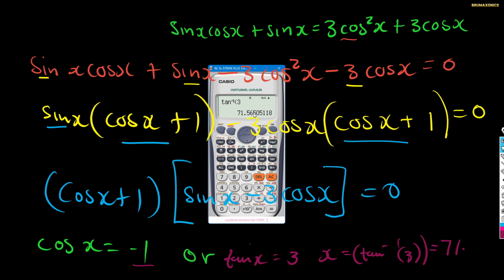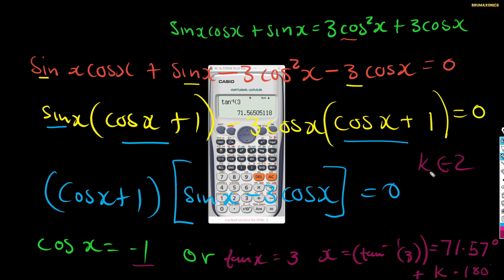If we round this to 2 decimals, this will be 71.57, and then I'm going to write our 71.57 degrees, and then this will be plus k, the positive elements of integers as given, and also you can use k element of z.